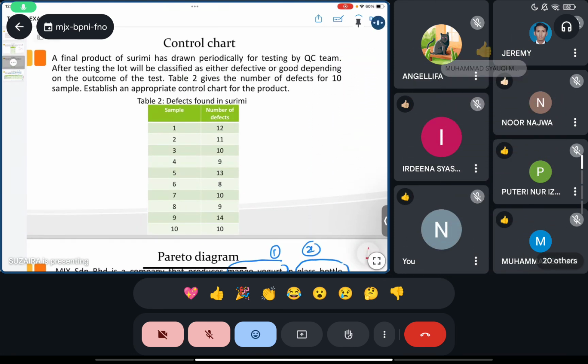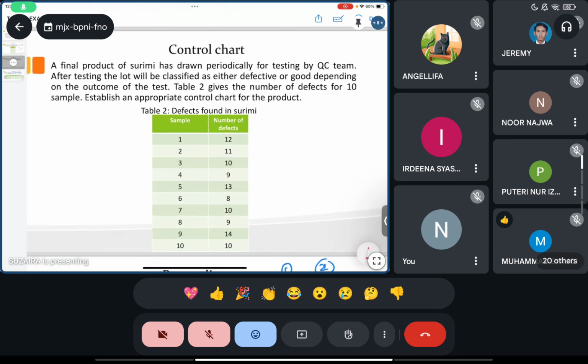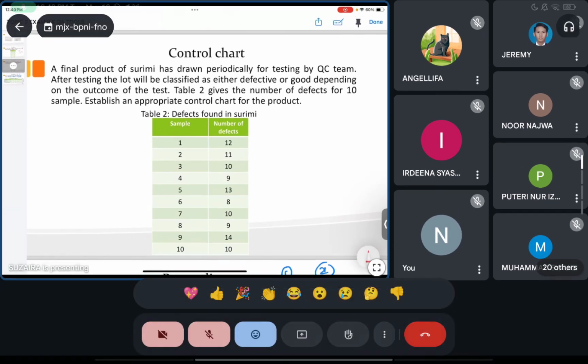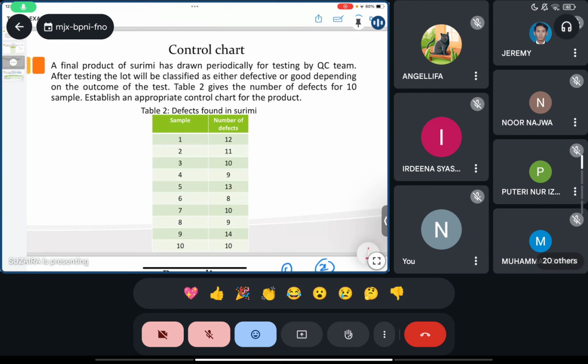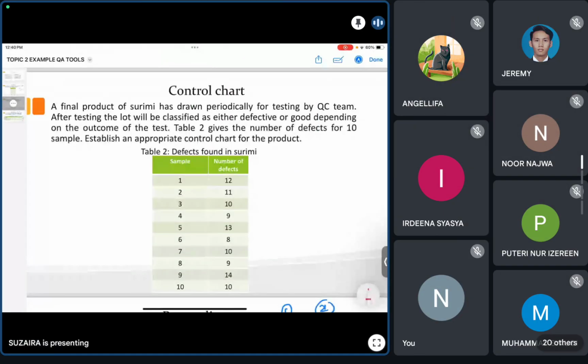The second one. This one. Okay, so a final product screening is drawn periodically for testing by the QC team. After testing, the lot will be classified as either defective or good depending on the outcome of the test. So table 2 gives the number of defects for 10 samples.